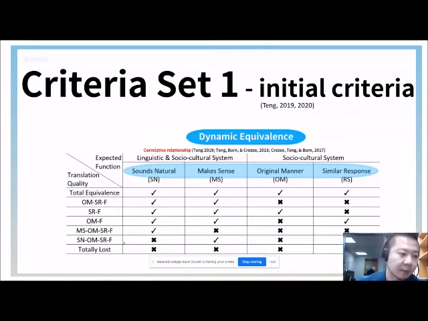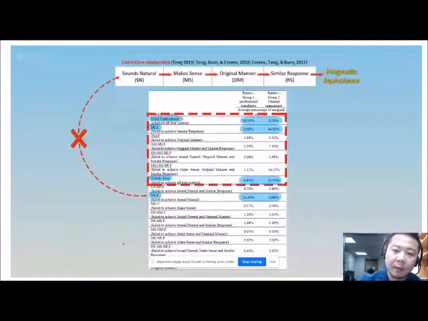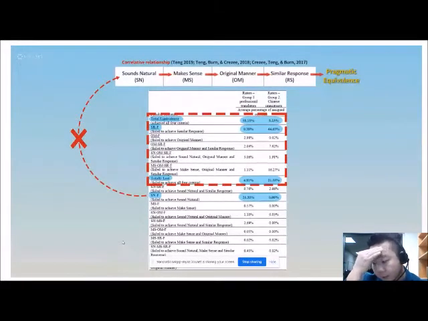I asked them to assess the translation quality, and the results were quite interesting, and that again made me feel that it's really important to share with people how important it is to achieve pragmatic equivalence. Anyway, please look at this table.